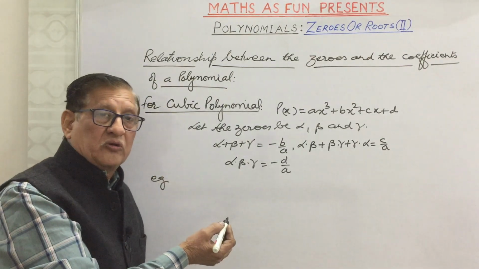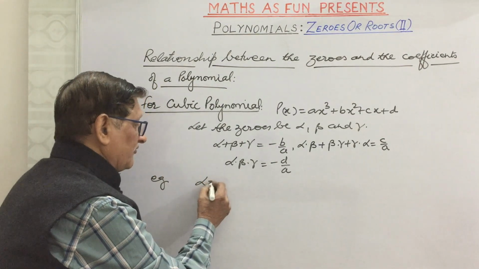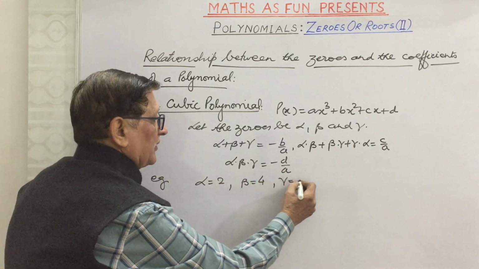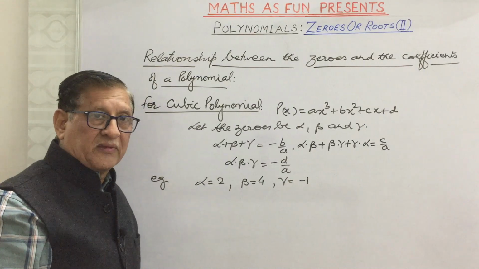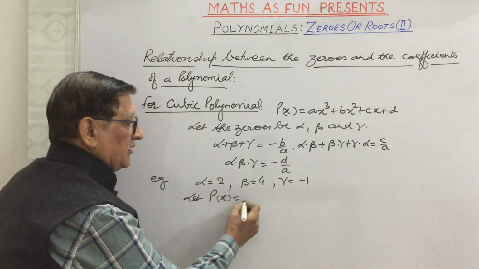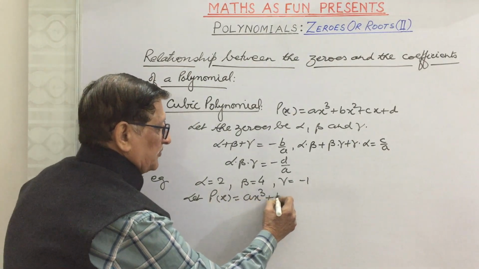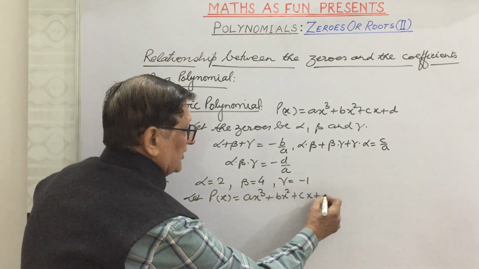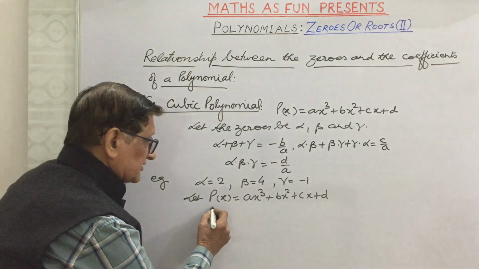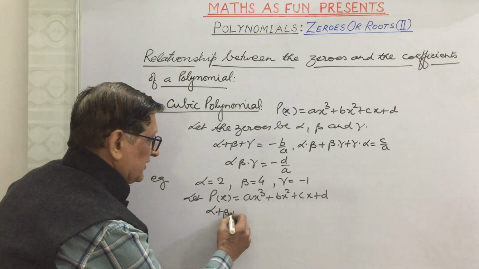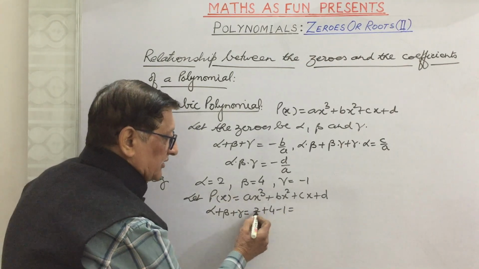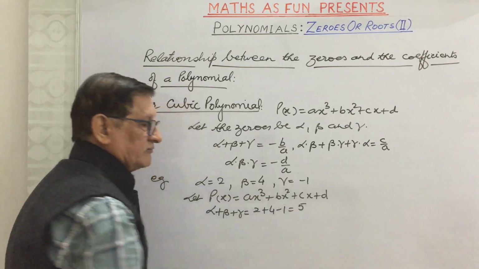Suppose we have to find a polynomial whose zeros are given as alpha equal to 2, beta equal to 4 and gamma is equal to minus 1. So we can write, let the polynomial be ax cube plus bx square plus cx plus d. Then we find the sum of them, alpha plus beta plus gamma is 2 plus 4 minus 1, that is 6 minus 1, 5.